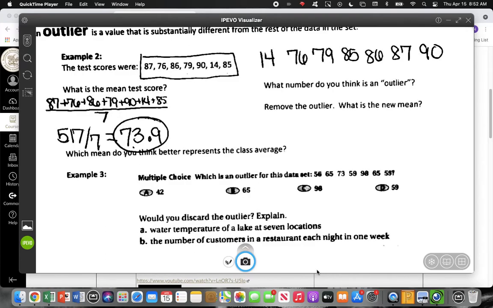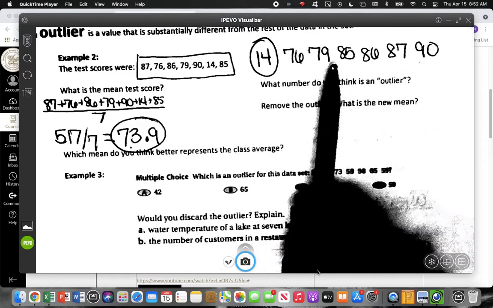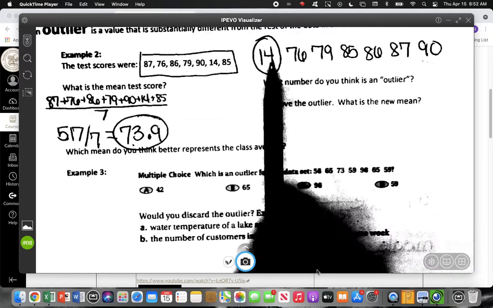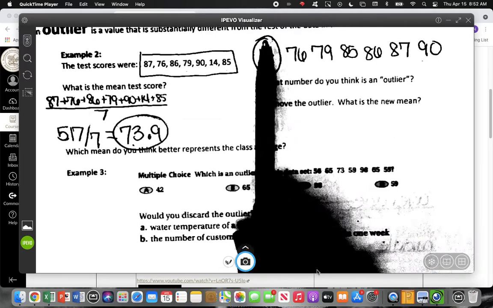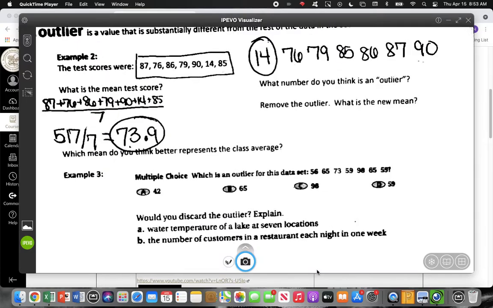Are there any of these test scores that are substantially different than the rest of them? This 14 is nowhere near all of these. If you have a number that's way out of the norm, like on this one, that 14 really pulled down the average.